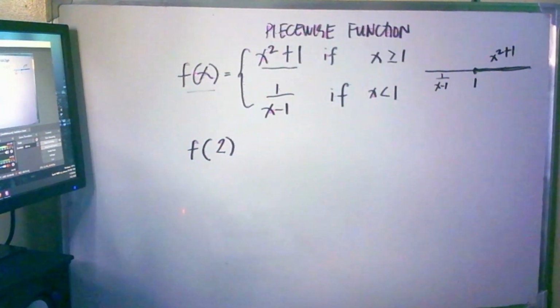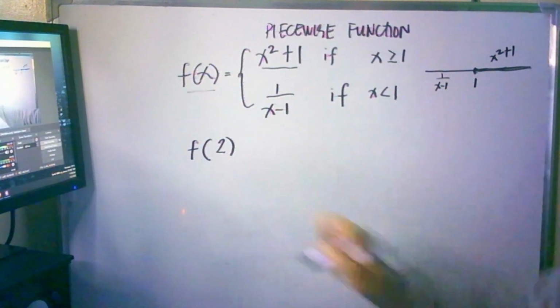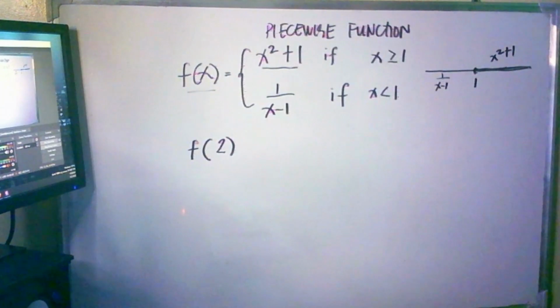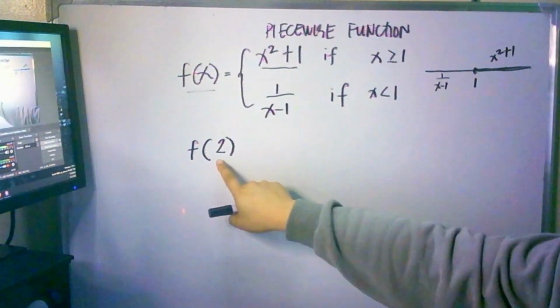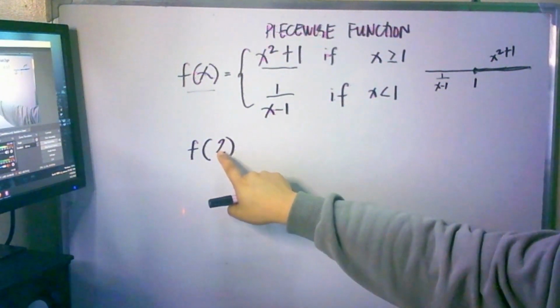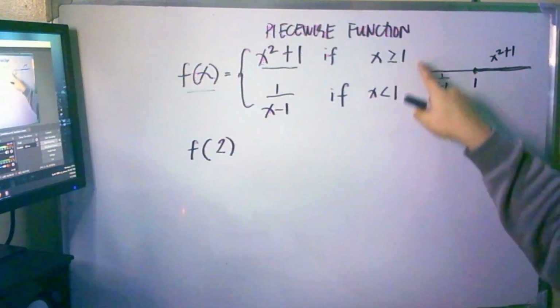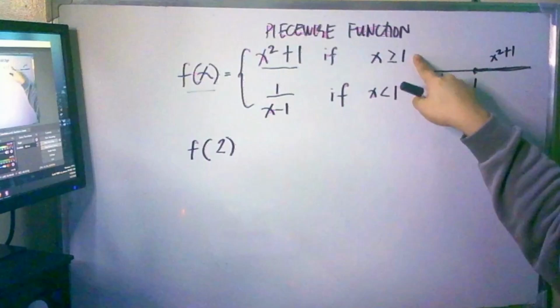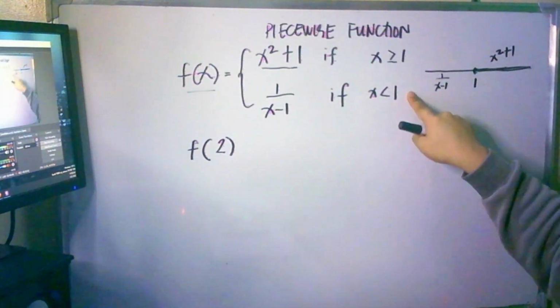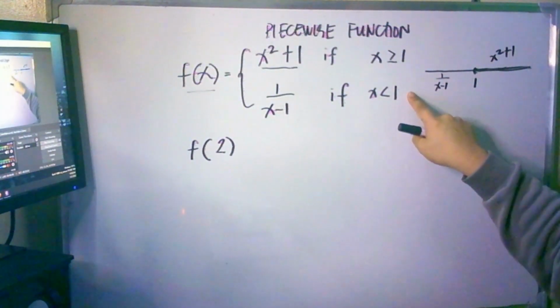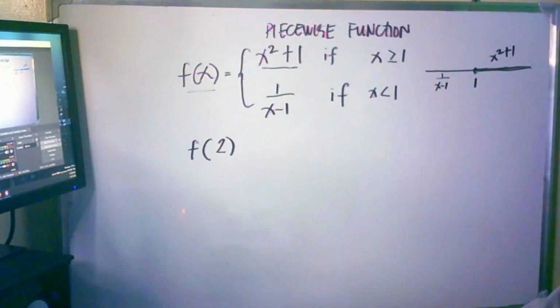So what is the value of the function if our input is 2? What again is our first step? We need to locate where this input is included. Is it in the first piece or in the second piece? First or second?